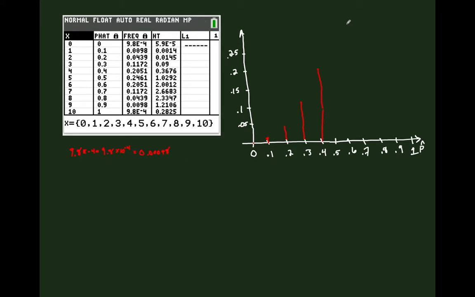And this is a sketch, so I'm doing the best I can here, but it doesn't necessarily need to be exactly perfect. All right. So again, I could represent the distribution graphically as a relative frequency type graph.